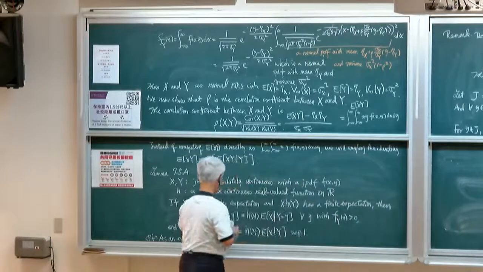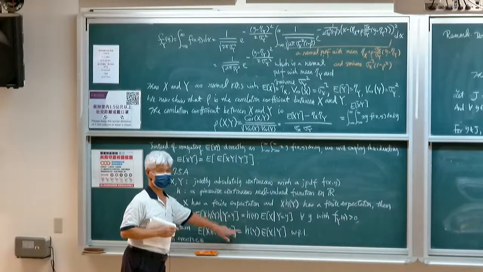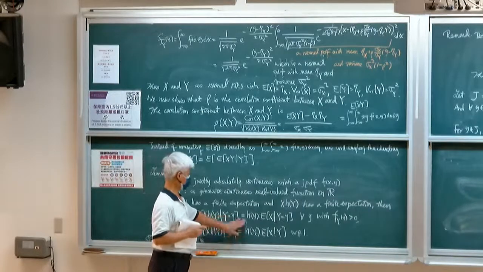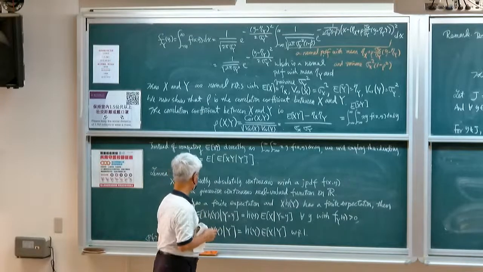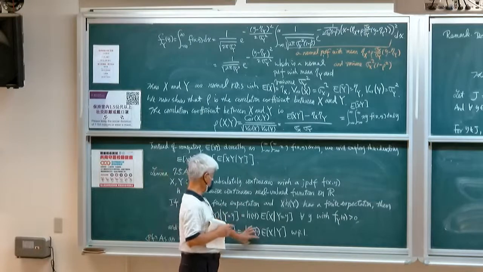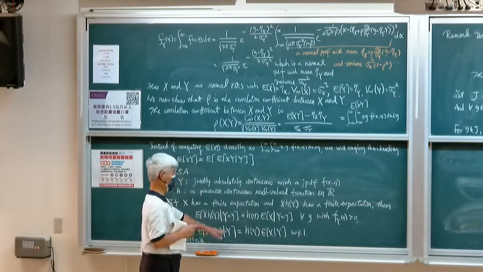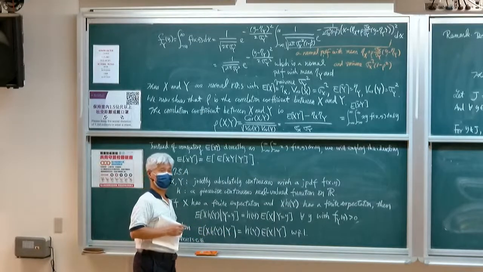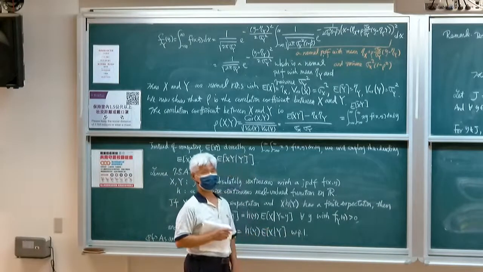So this is exactly the same as the previous one. They are the same, because this is in terms of the function, and this is in terms of the random variable. As a function of Y, they are equal with probability 1.